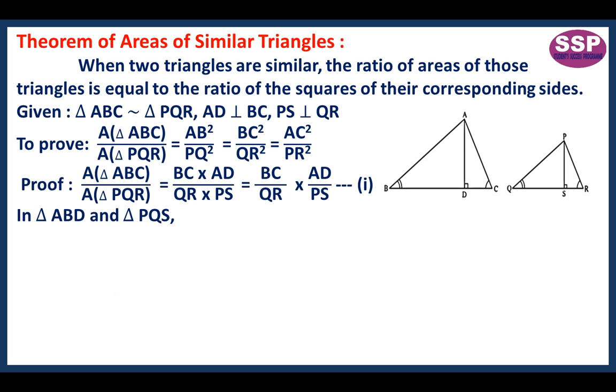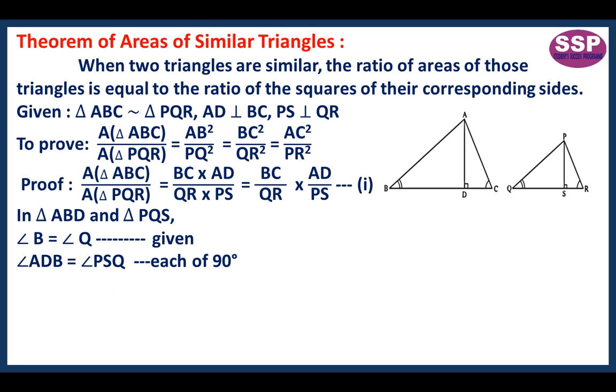Now in triangle ABD and triangle PQS, angle B congruent angle Q, that is given. Angle ADB is equal to angle PSQ, each of 90 degree. Therefore triangle ABD similar triangle PQS by AA test.